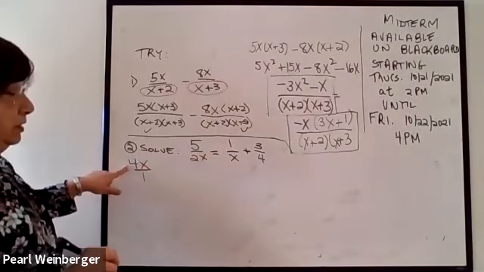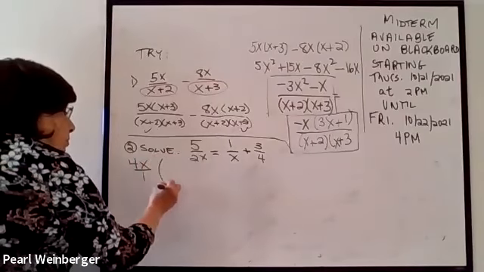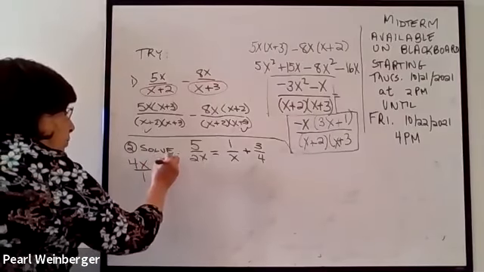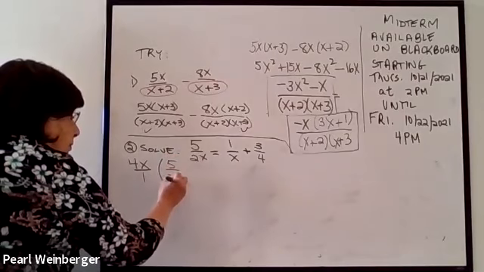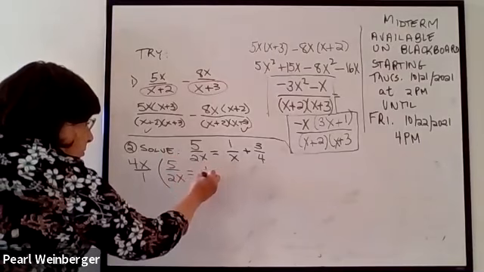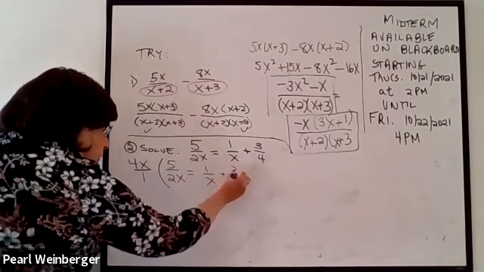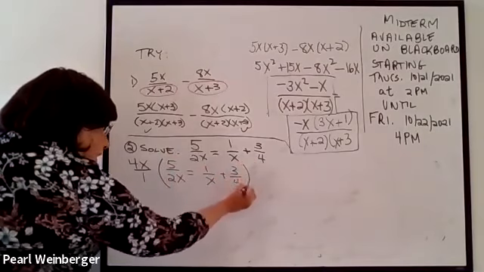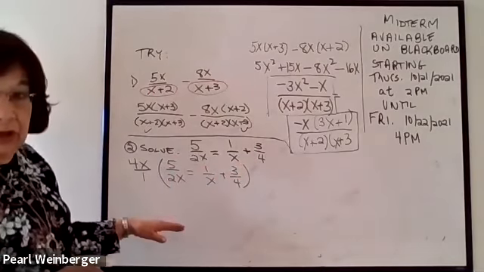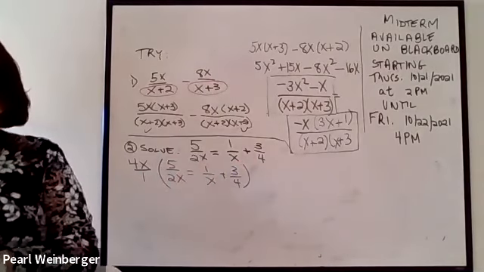You take your LCD that you figured out, put it over 1, and multiply your whole equation by that common denominator. The purpose in doing this is so that we can have an equation that doesn't have any fractions in it.